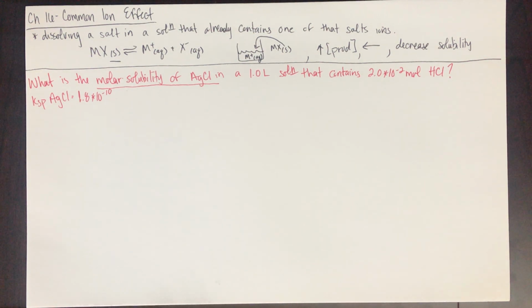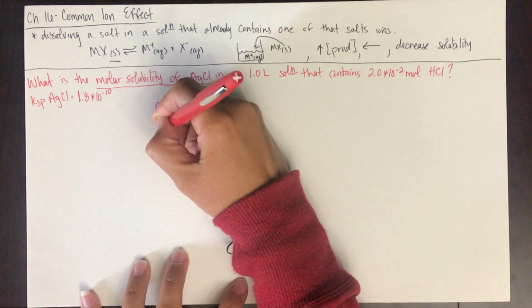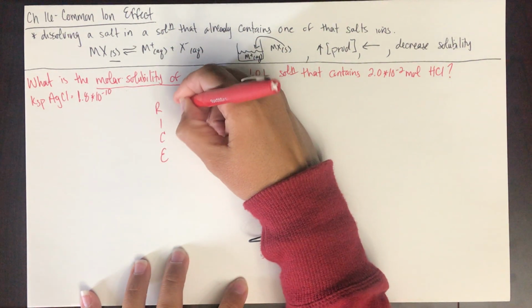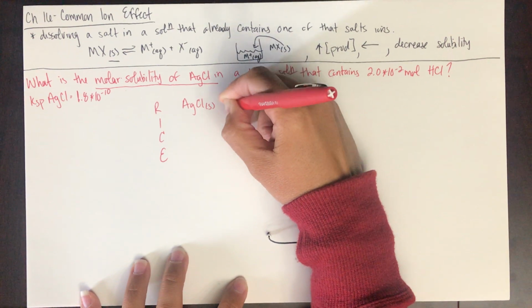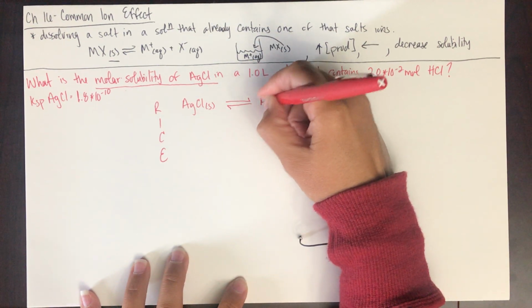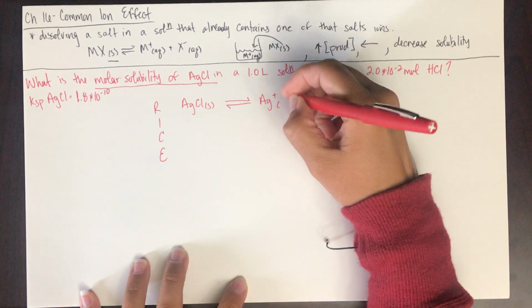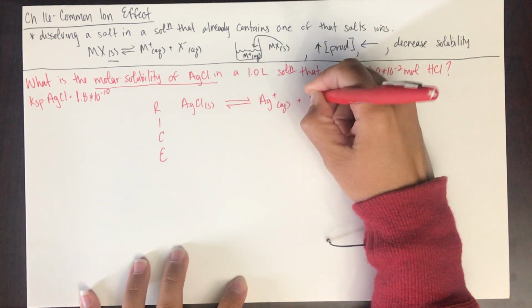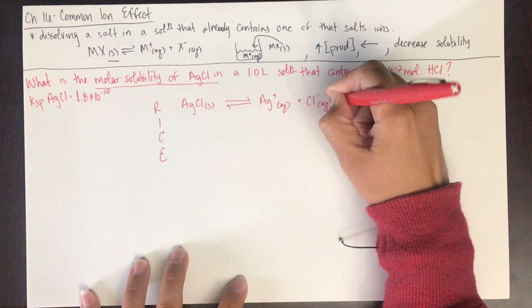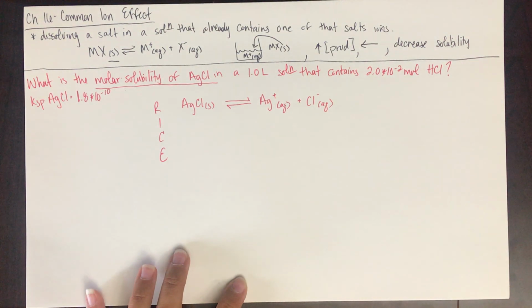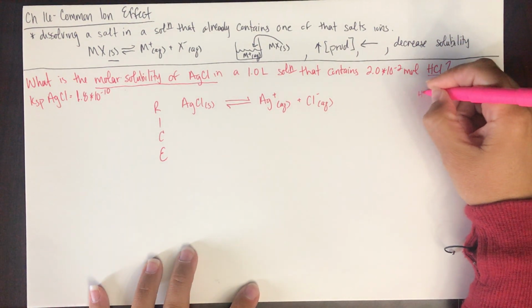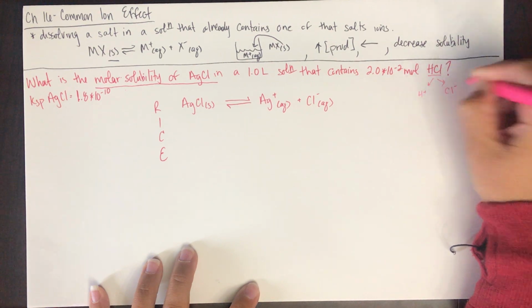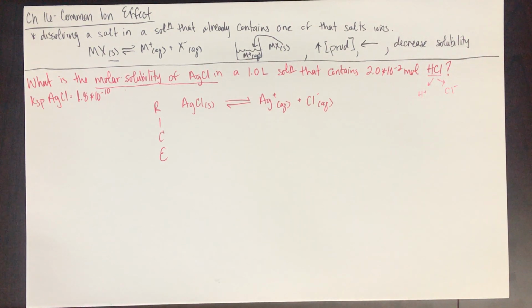So we are going to use an equilibrium table like we normally would when we're solving for molar solubility. The difference here is that we now have initially some of one of the products, this chloride ion. Remember, HCl is a strong acid, which means it's going to ionize completely into hydrogen ions and chloride ions.